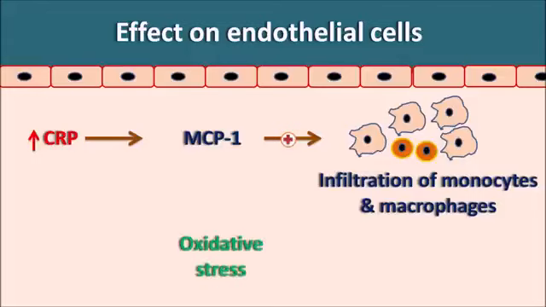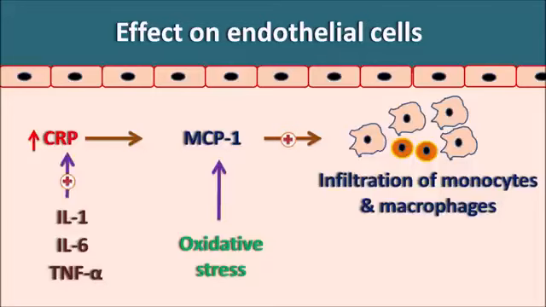Oxidative stress, which is observed with elevated levels of CRP, can also promote the MCP1, and a few of the cytokines like IL-1, IL-6 as well as TNF-alpha can promote the action of the CRP, thereby increasing the MCP1 action. When this MCP1 action is increased, there is more infiltration of the monocytes and macrophages, resulting in the enhanced inflammatory response.